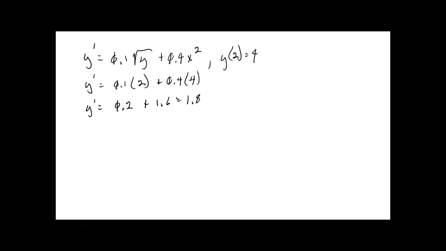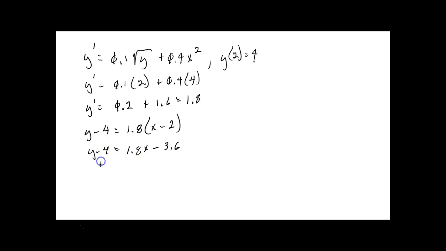So now, what we do is see if we can come up with the equation for the tangent line at that point. Well, you've got the slope, so the tangent line will be y minus y1, which is 4, is equal to the slope, which is 1.8, times x minus x1, which is 2. That gives us y minus 4 is equal to 1.8x minus 3.6.